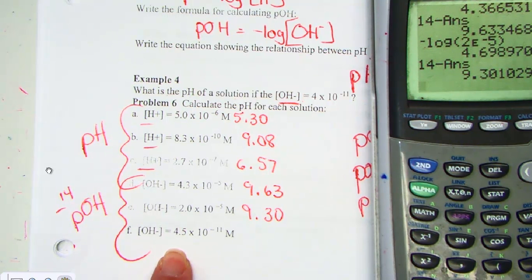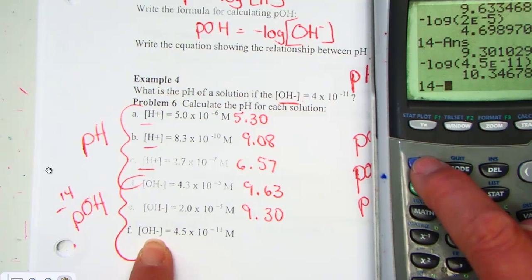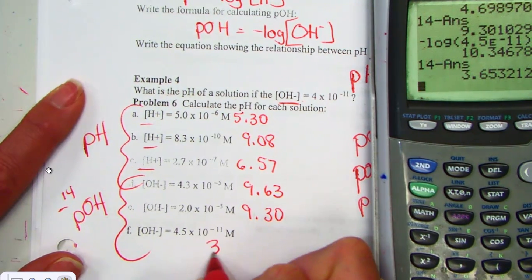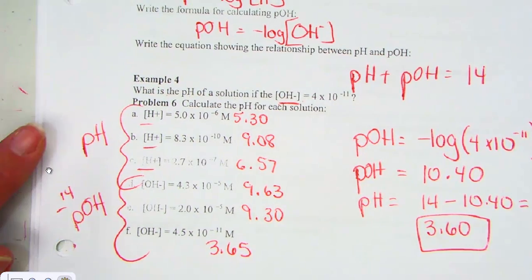And one more, negative log 4.5 E negative 11, and that's pOH, hydroxide's power. 14 minus conveniently flips that to a pH of 3.65 pH units.